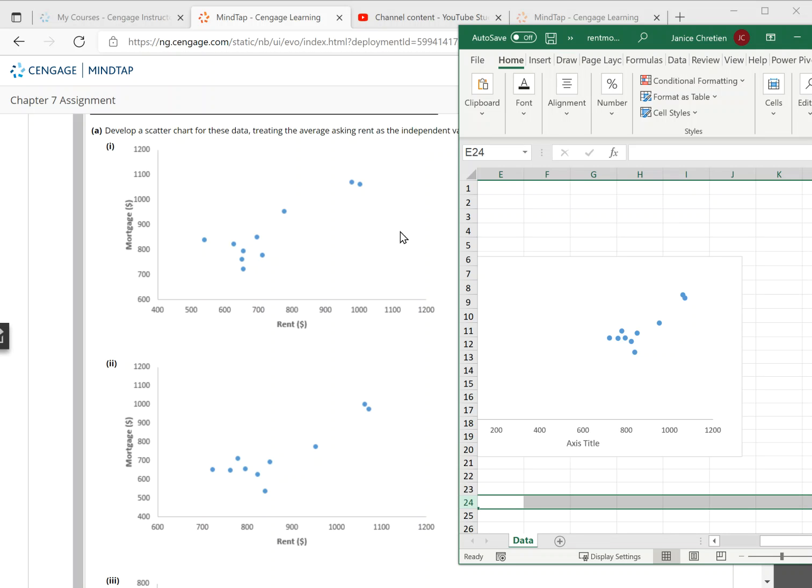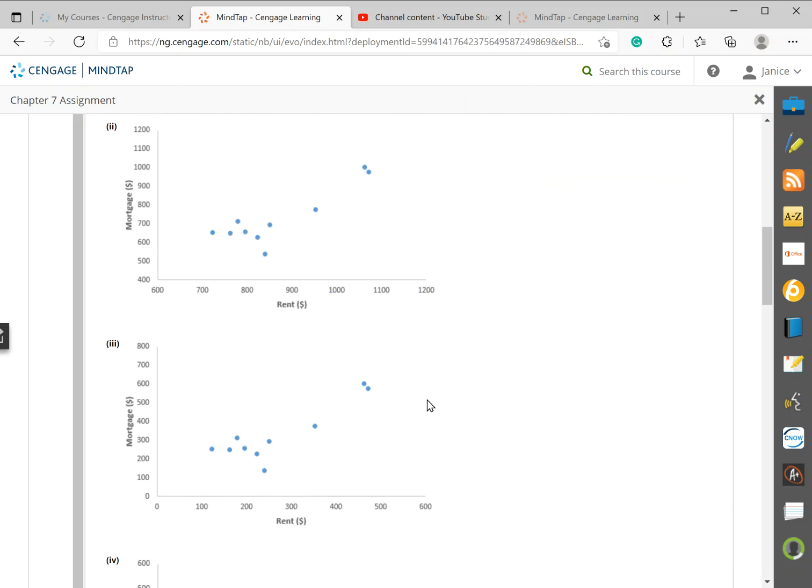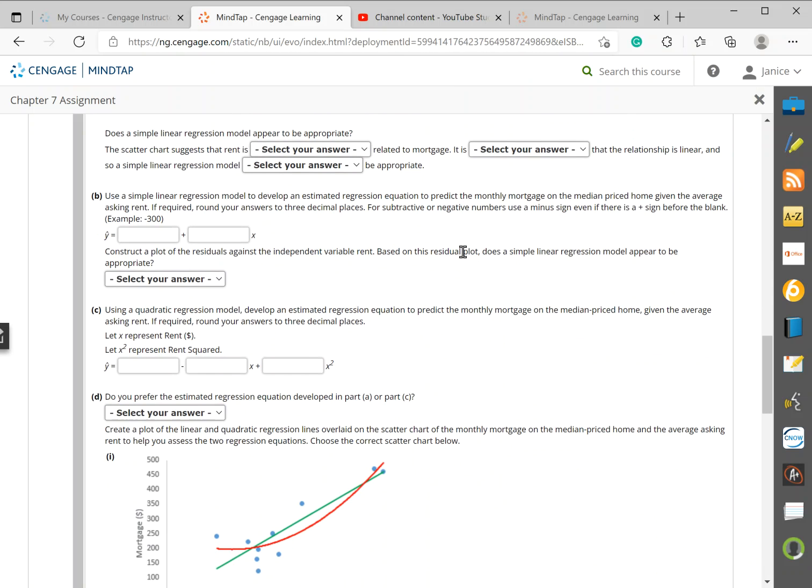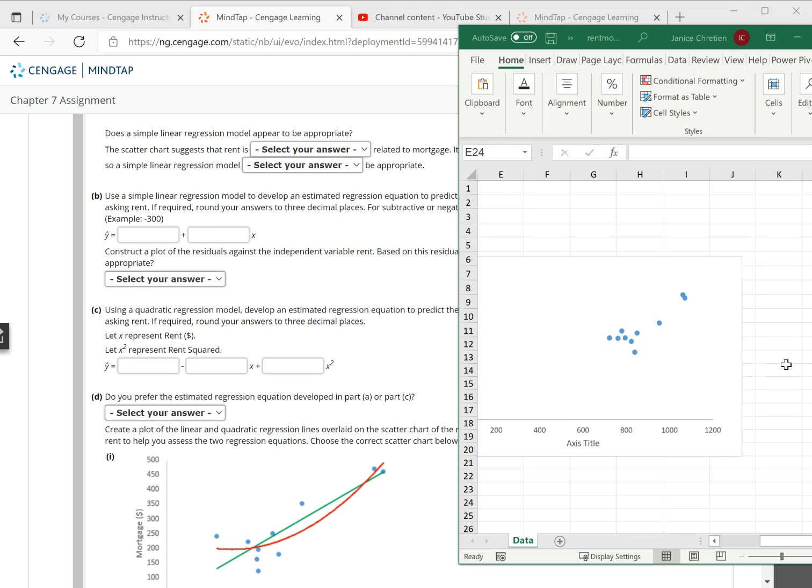So you'll need to give yours a good look over and see what you determine, and then answer the questions regarding your plot. Then we need a simple regression model equation.